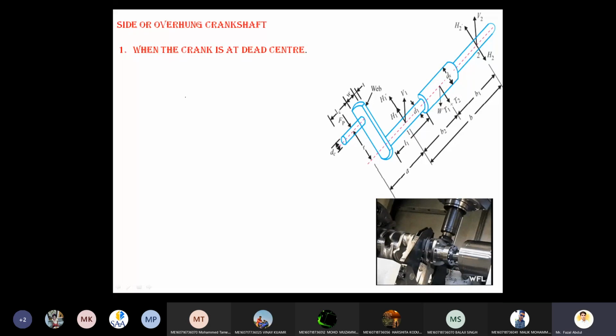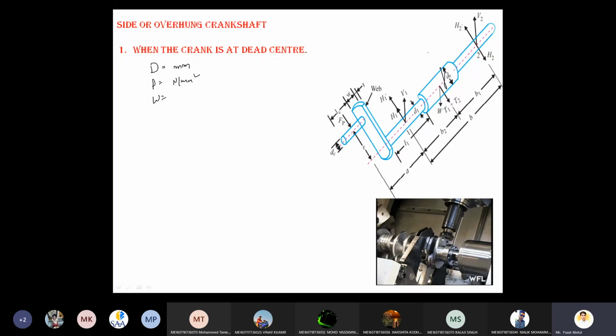Let capital D be the piston bore diameter in mm, P the maximum gas pressure in Newton per mm square, and W the weight of the flywheel. Here the extra diameter is provided for the flywheel or belt connections. The flywheel balances this and gives energy whenever required, and belts are provided to rotate the radiator fan or other purposes.